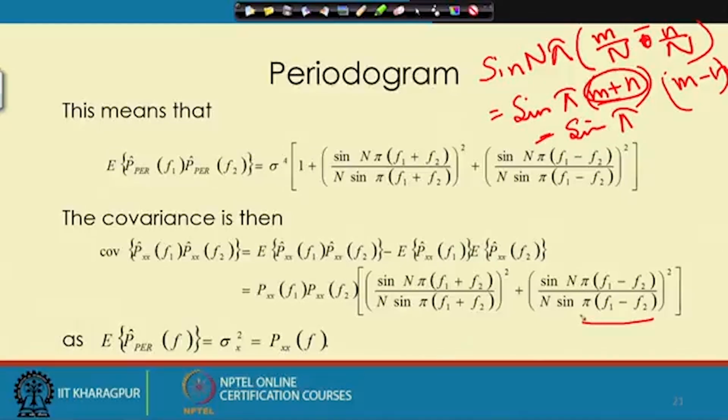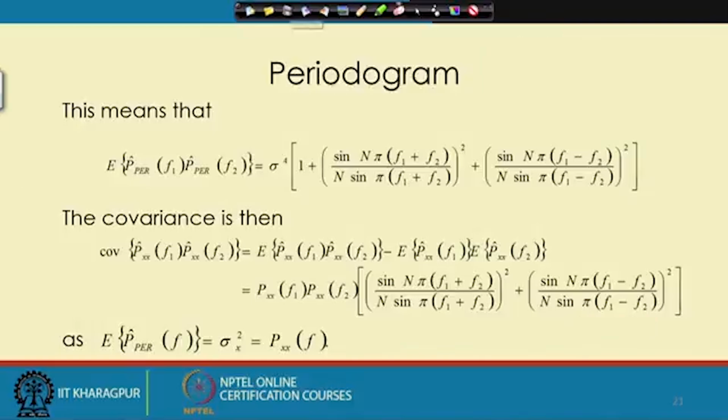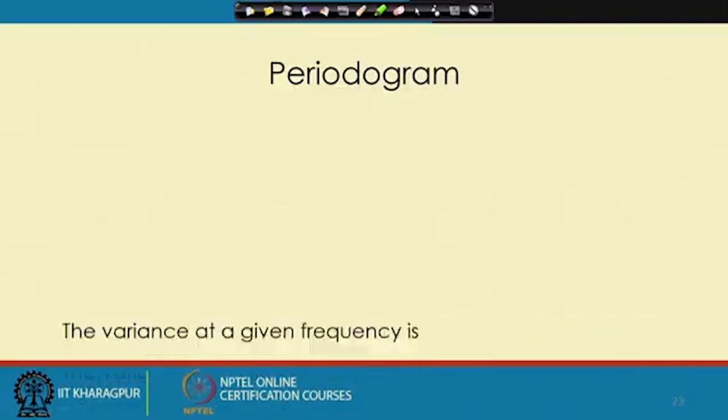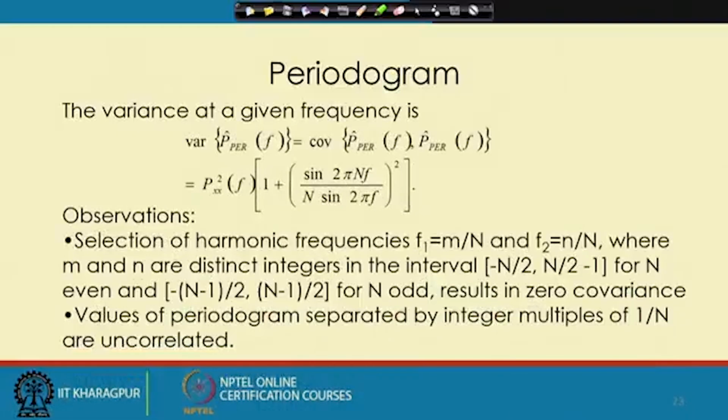So, it is a very easy derivation. We could get that the values of the covariance would be 0. So, from there we have to accept that if we take harmonic frequencies, the covariance would be 0.